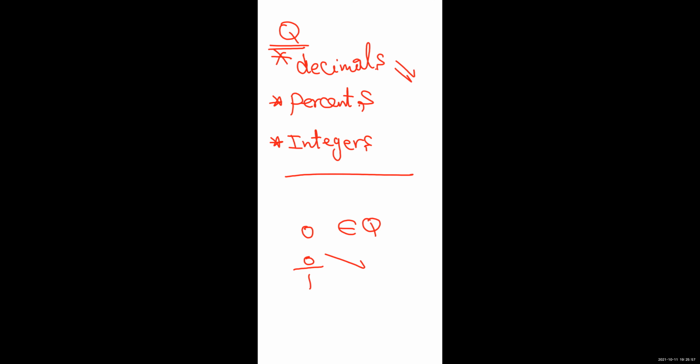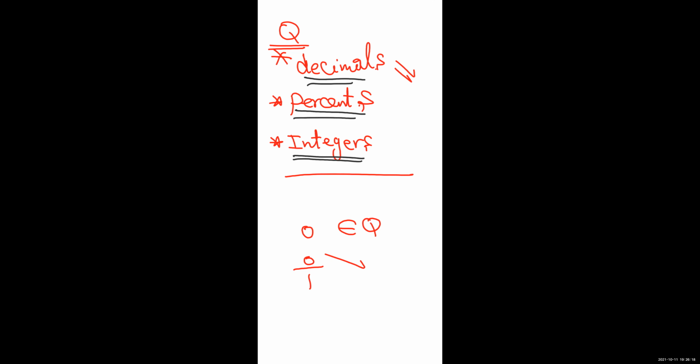So now, all decimals, all percents, all integers, all these types of numbers are rational numbers.